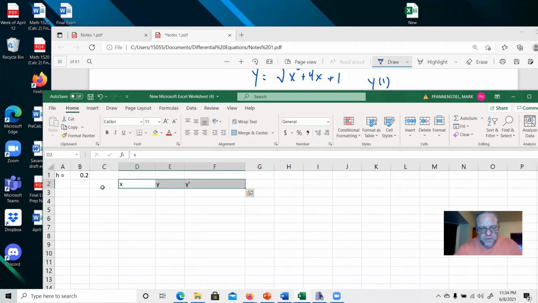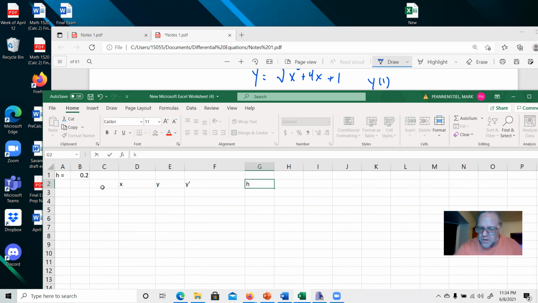Control X, Control V. We'll say H times, actually let's do it this way. Let's say that just Y new equals H times Y tick plus Y old.